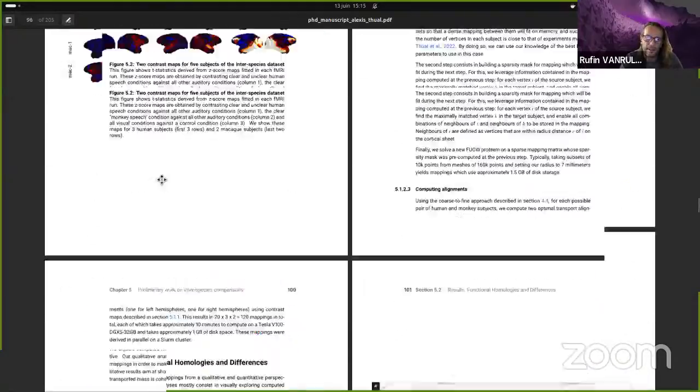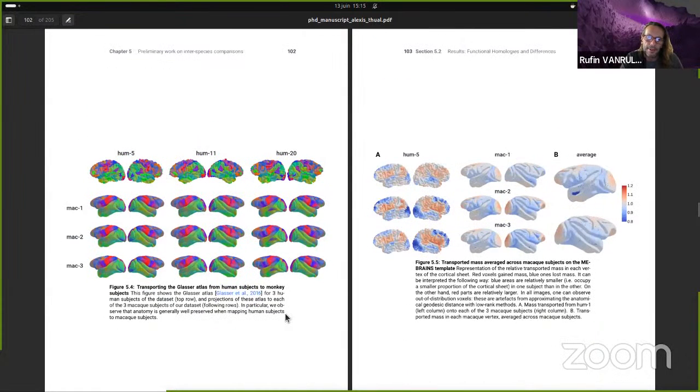And it felt to me, yeah, you just passed it. Yeah, this one. And it felt to me that mostly what we see here is that the results seem to reflect idiosyncrasies of the source more than of the target, in the sense that when I compare macaque 1, the projection onto macaque 1 from the 3 different humans, they all tend to look the same. And oh, sorry, no, the other way around. Macaque ones from the different humans do tend to look different.